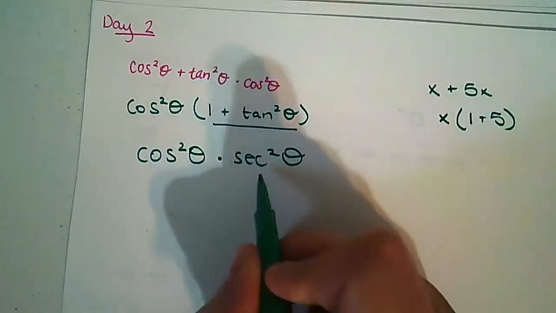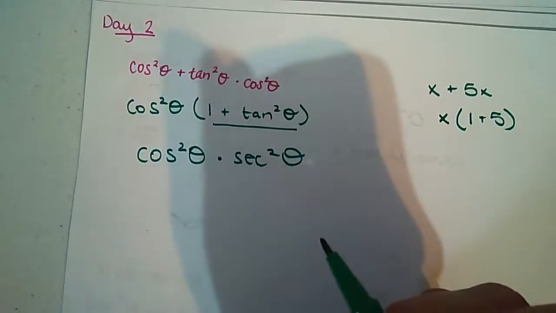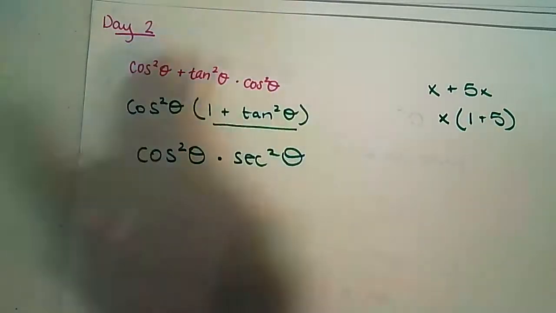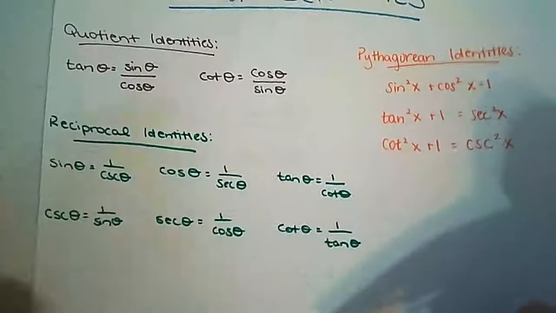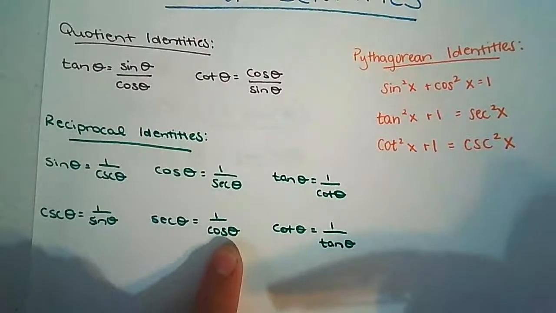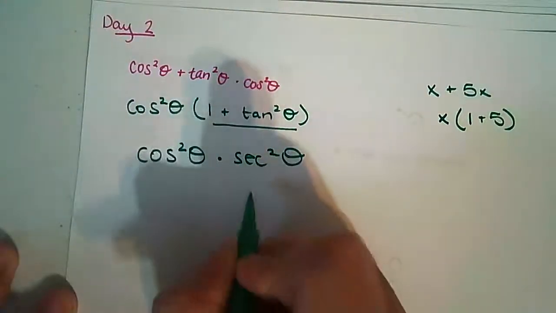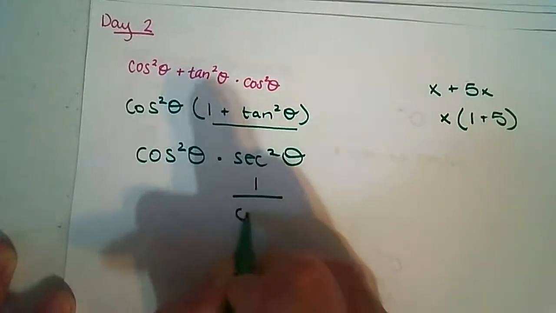But one thing I could do is rewrite secant squared in terms of sines and cosines. So I know another way I can write secant is as 1 over cosine. And because this is secant squared, this would actually be 1 over cosine squared.